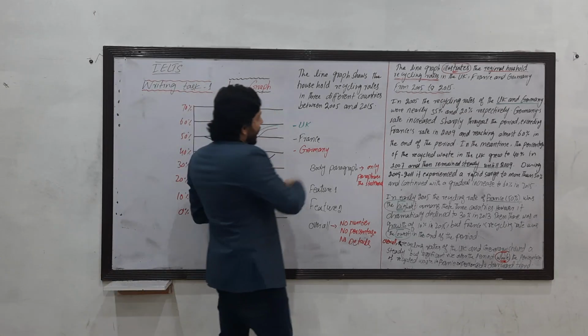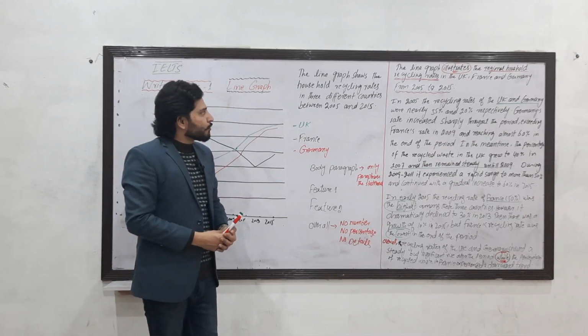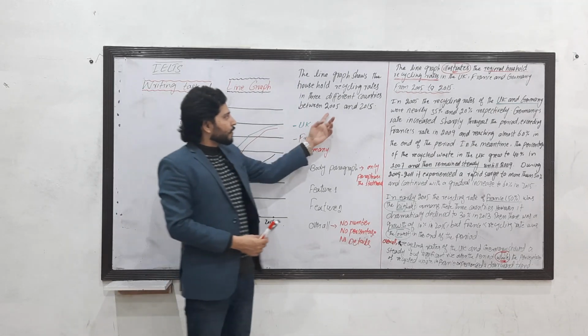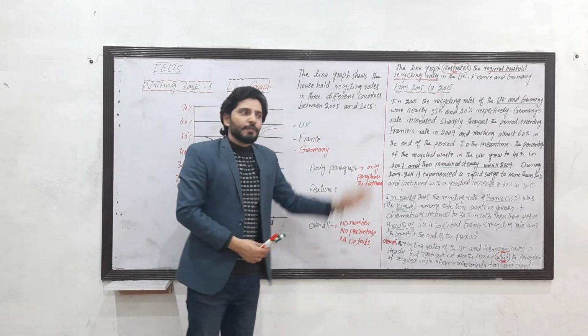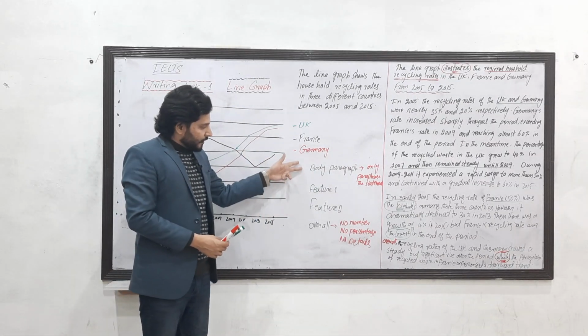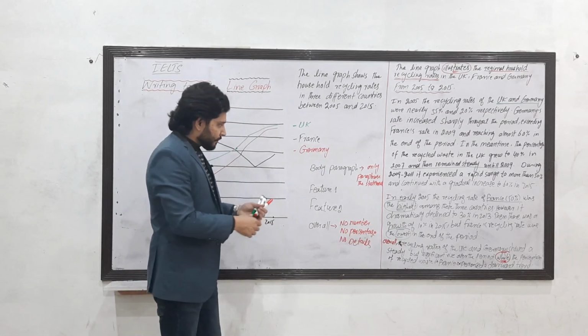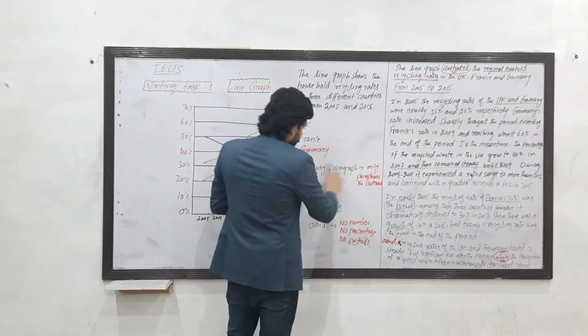Look at the statement. The line graph shows the household recycling rates in three different countries between 2005 and 2015. This is the structure of your writing task 1. First of all, you will write introduction.